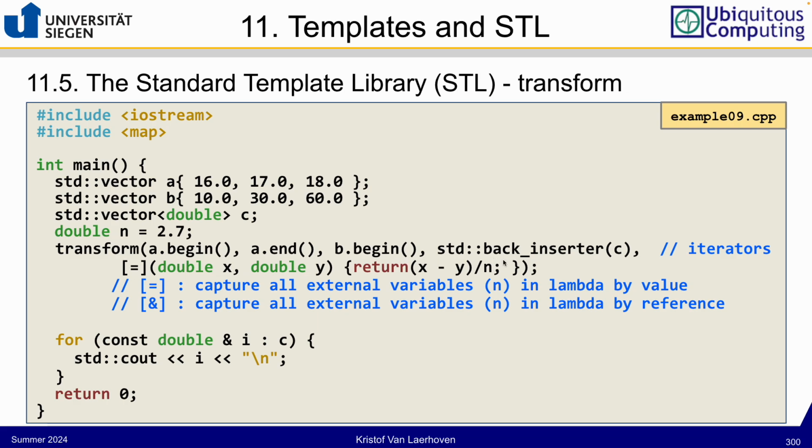And then the function that we're going to use from our transform is this particular lambda function. This is a little bit of new information on top of what we've seen already about lambda functions. Remember, a lambda function is kind of an anonymous function. It doesn't have a name, but it has these two parameters, double x and double y, and it returns x and y, then divided by n.